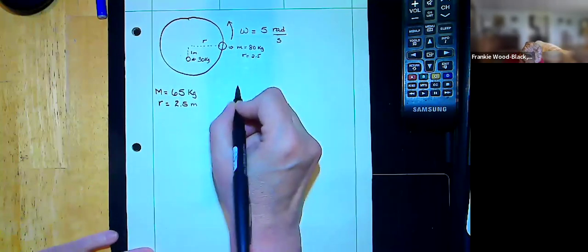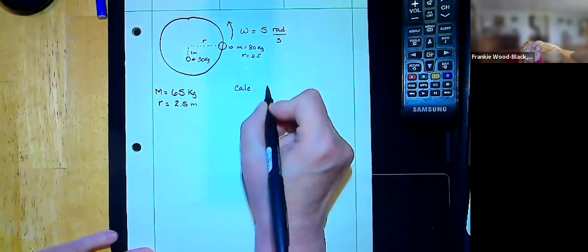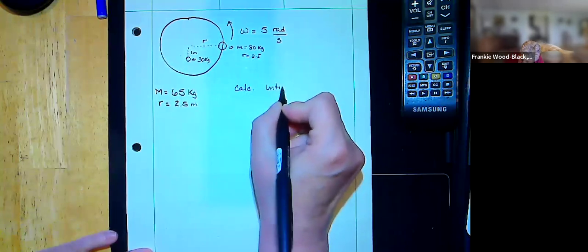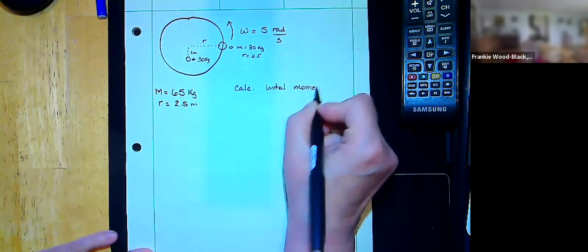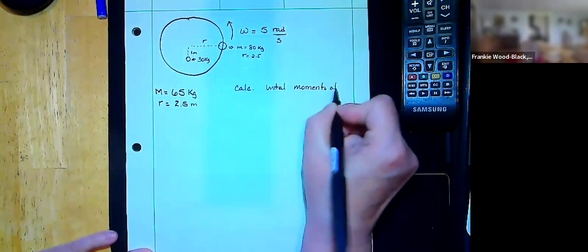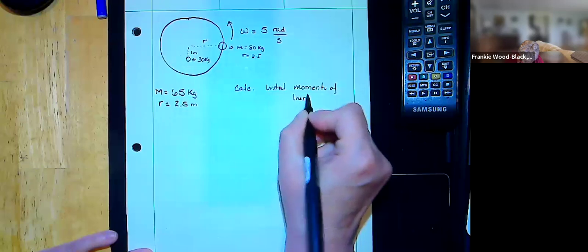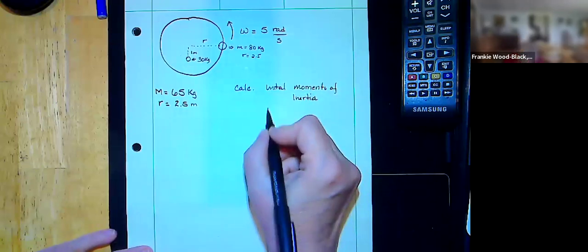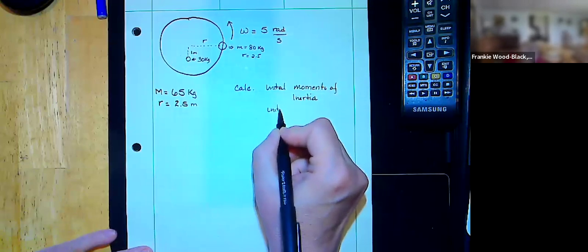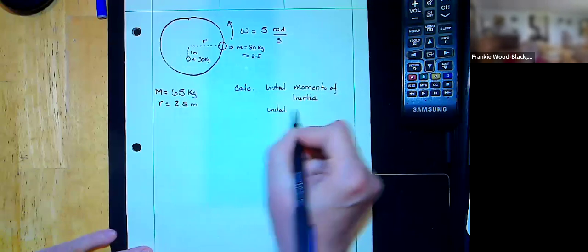So we want to calculate the initial moment of inertia. We're going to calculate the initial kinetic energy.